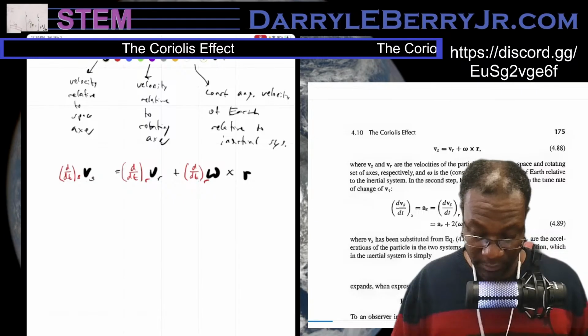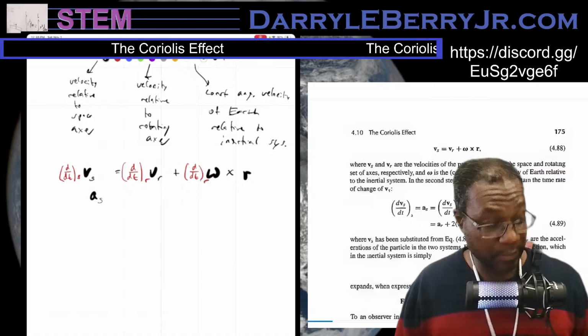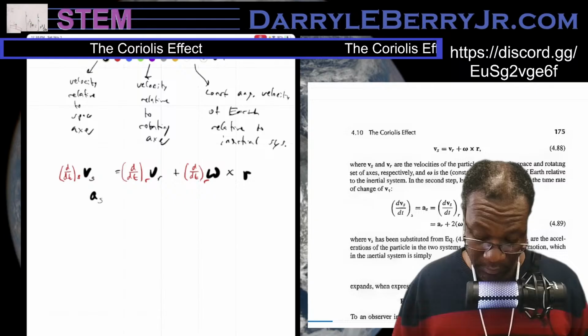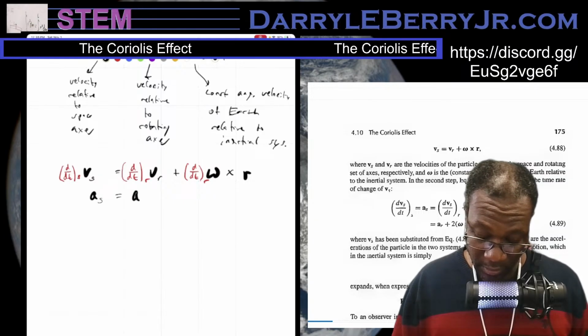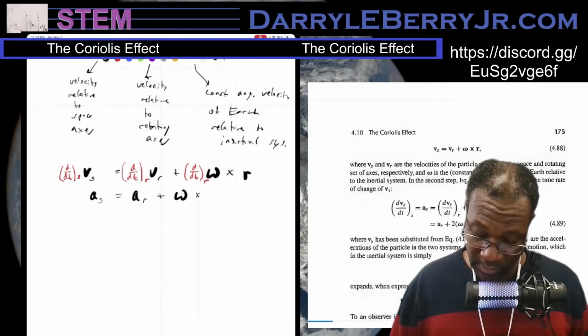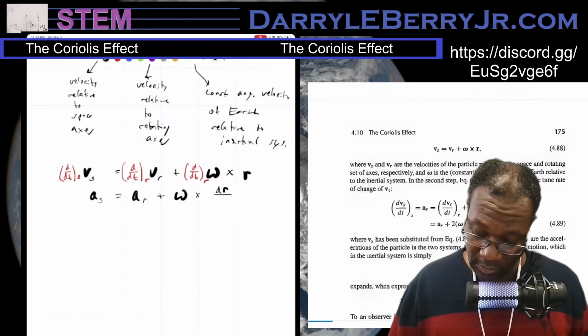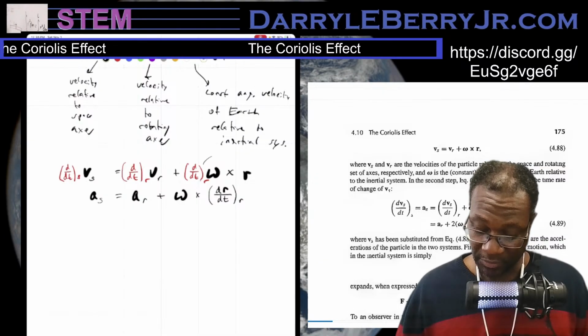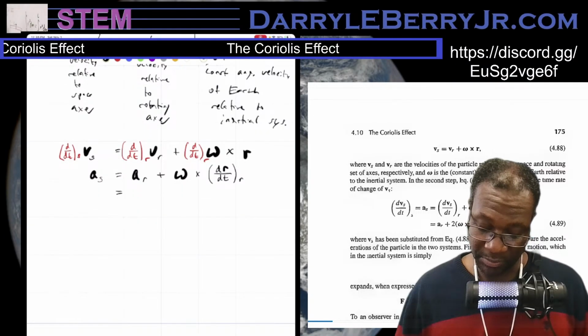So now we have A_S equals A_R plus omega cross B, E_R, D_T, R, because the property of the cross product is if you multiply it by a scalar, you can multiply it by either one and it'll give you the same answer.